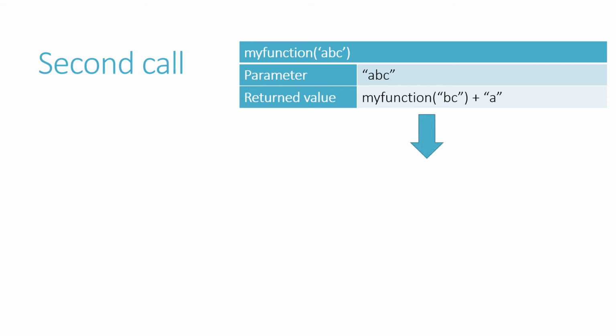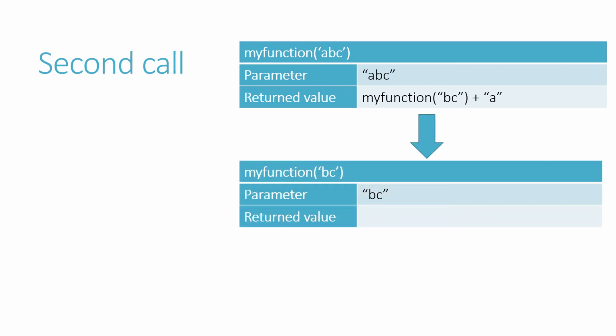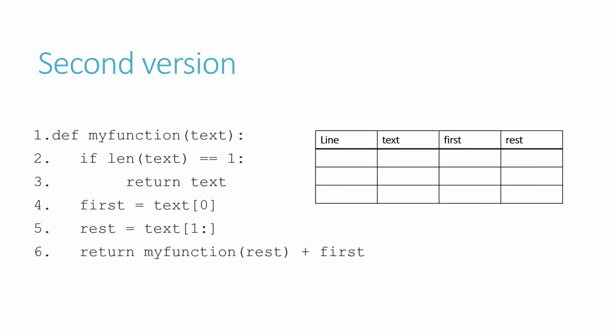So now we run my function again, but with the parameter BC. Let's find out what the returned value of that is. Here it is. We're calling it with the parameter BC. So in line 1, text has the value BC.